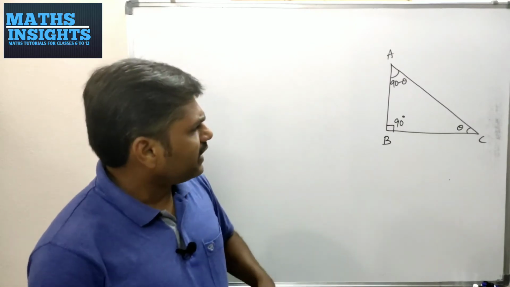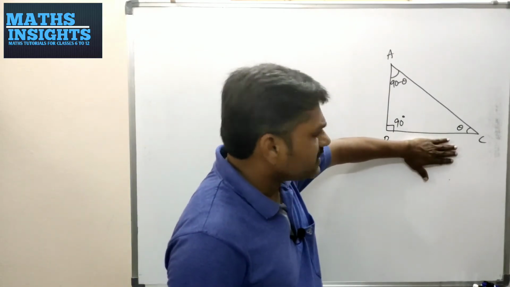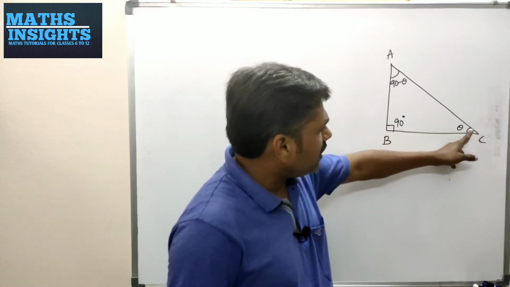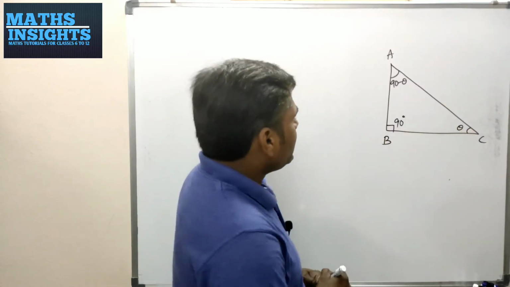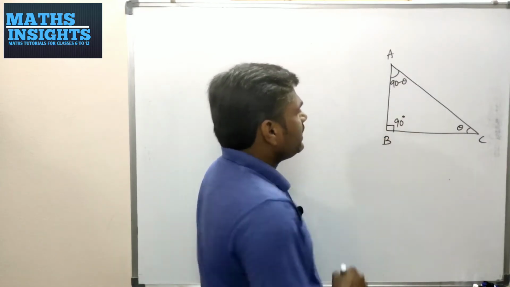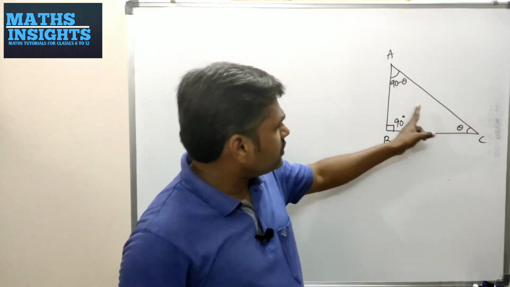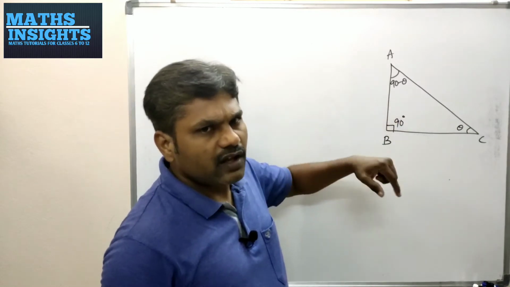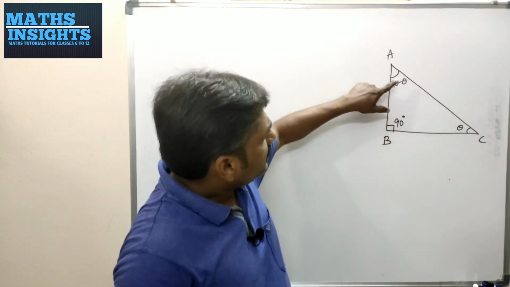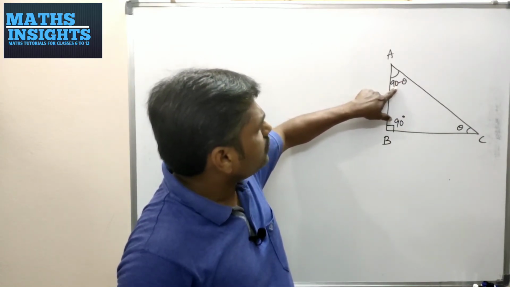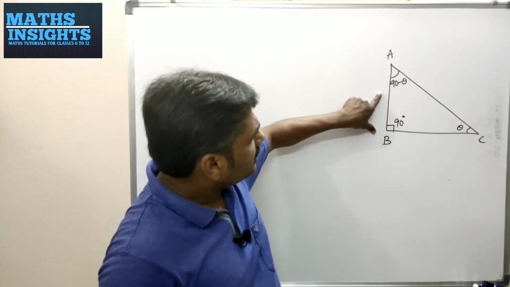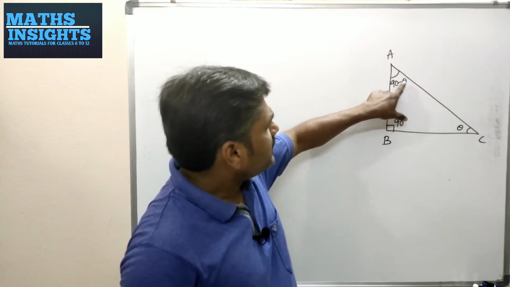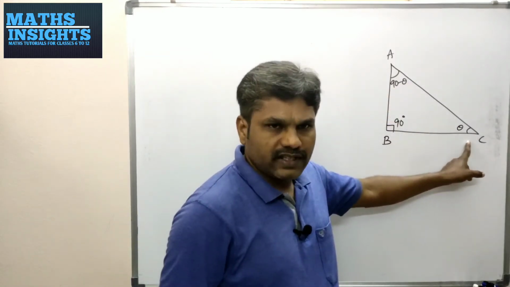In this right angle triangle, the side BC is called the side adjacent to this theta, and this side AB is called the side opposite to theta. In other words, the side adjacent to 90 minus theta is AB and the side opposite to 90 minus theta is BC.